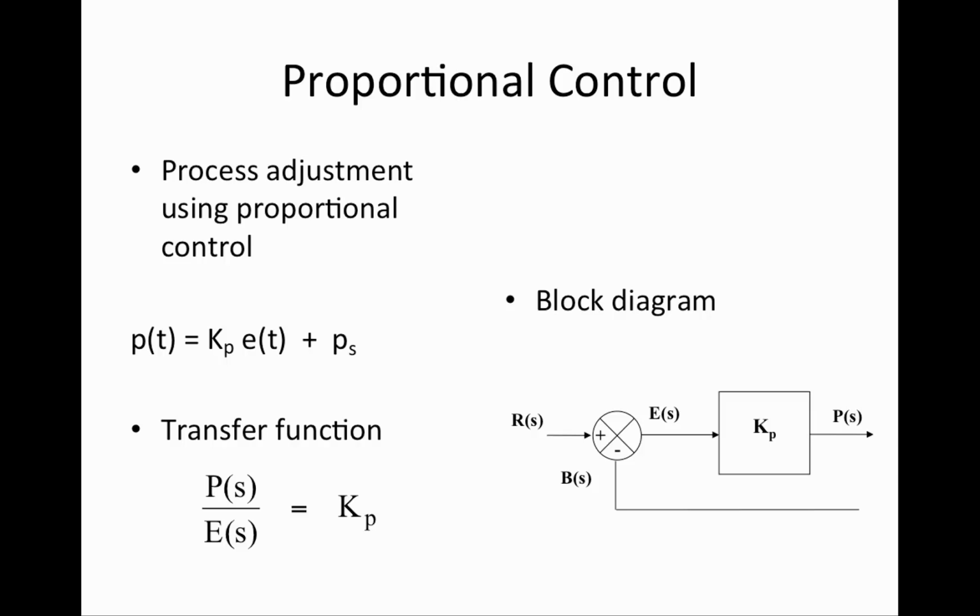The transfer function for proportional control in the Laplace domain is P(s) over E(s) equals K_P, where again K_P is the proportional gain. The lower right gives the block diagram for proportional control, which is quite straightforward.